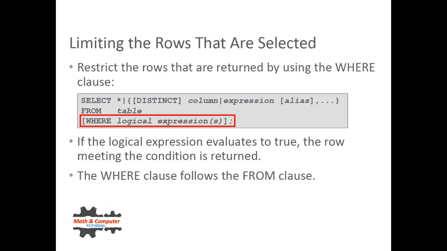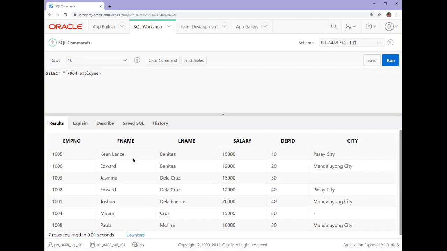Okay, so let us now apply this using Oracle Apex. For demo purposes, let us now use the employee table. So I have here the records of the employee table. We have 7 records here.